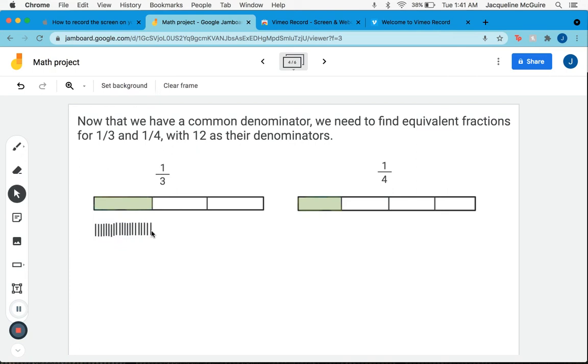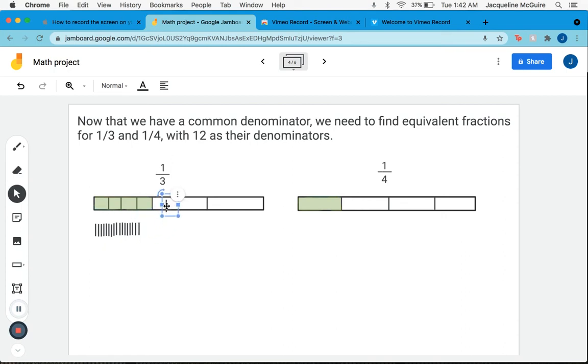I'm trying to move these. So yes, we're going to divide each of the 3 sections into 4 even sections. So 2, 3, 4. Now there's 1, 2, 3, 4 sections there.